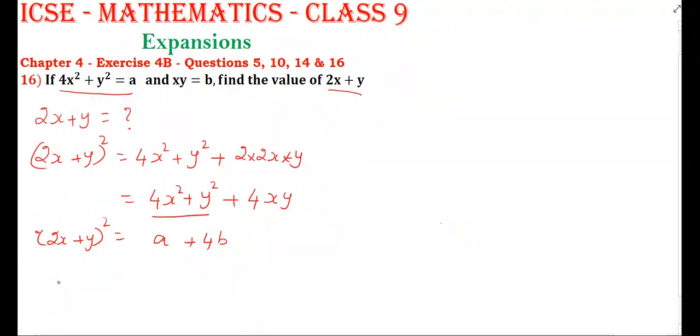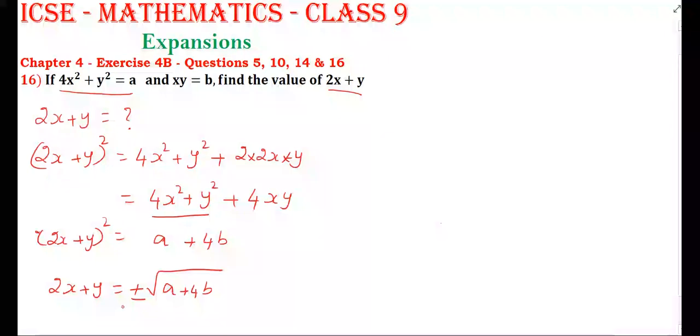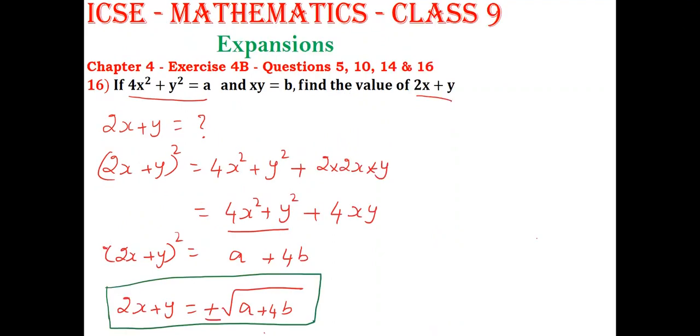So we can take a square root here. So it's 2x plus y equal to square root of a plus 4b. Since we are taking square root, this can be plus or minus. So we need to put the sign plus or minus. So the answer: 2x plus y equal to plus or minus square root of a plus 4b. This is the answer.